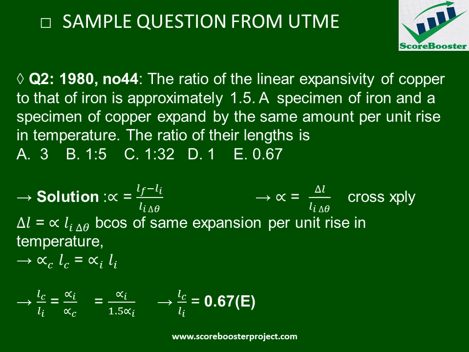So if we substitute that, we're going to have our LC over Li will be equal to alpha I, which is linear expansivity of iron, over 1.5 alpha I. And when we cut alpha I away, our LC over Li will be 1 over 1.5, and that is equal to 0.67, making option E the correct answer for this question.